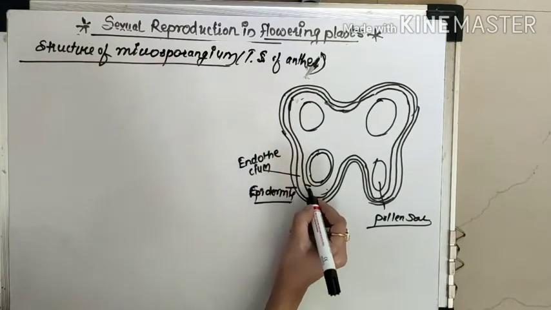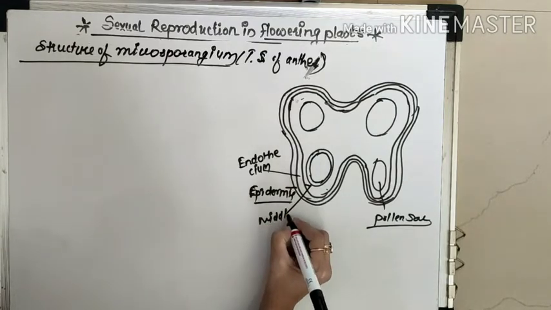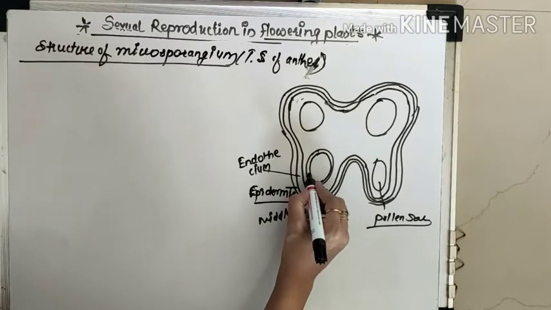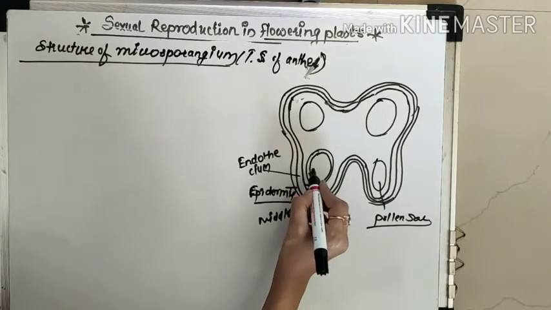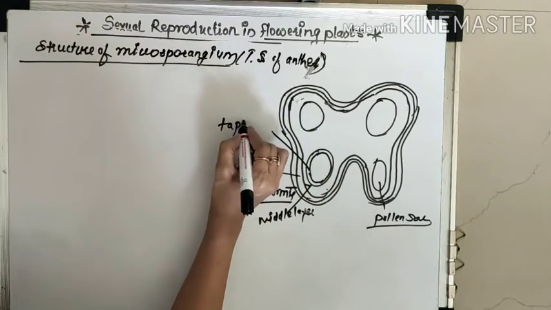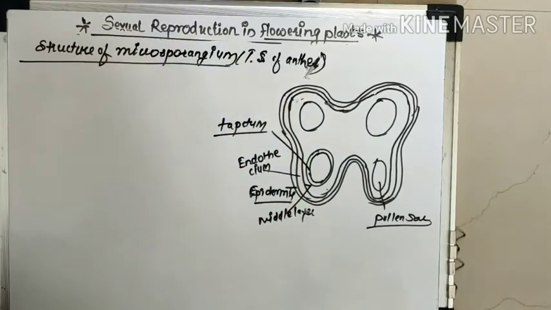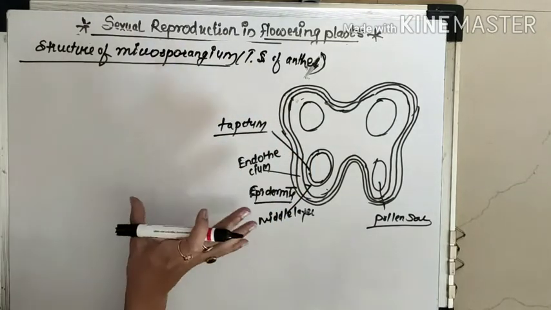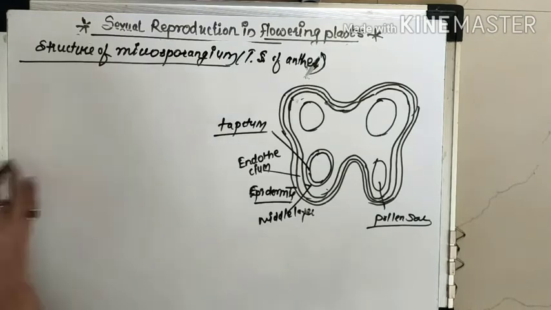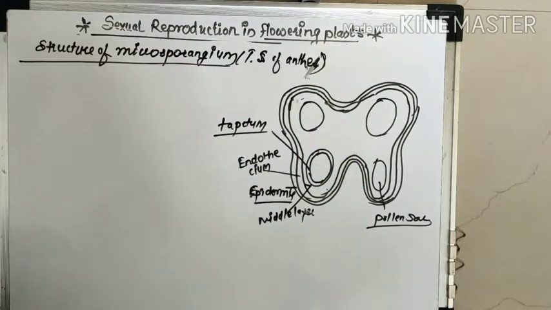This layer is called the middle layer. And this layer is called the septum. This is actually the structure of the TS of this anther, or the structure of Microsporangia.